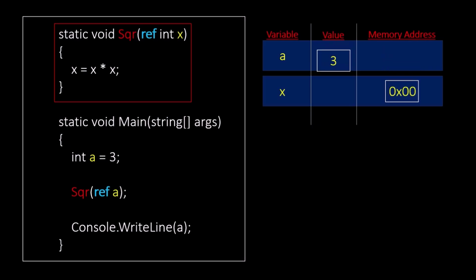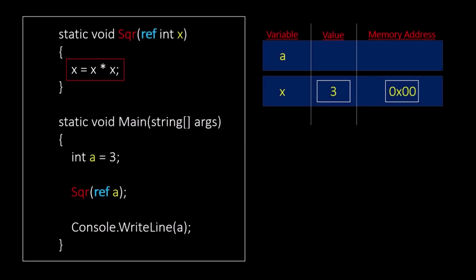Inside the method, we have another variable called x, but since we pass by reference, x now points to the same memory address as a. So both a and x share the same memory location, and both currently hold the value 3.